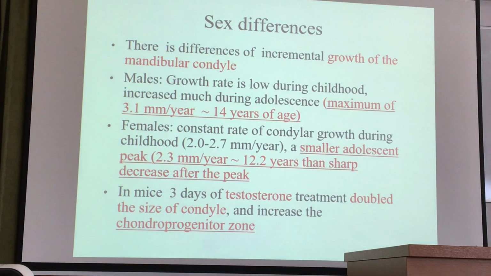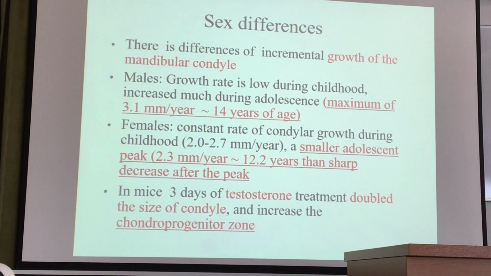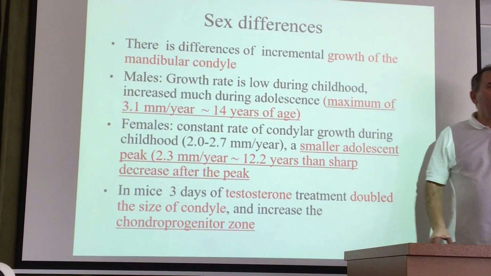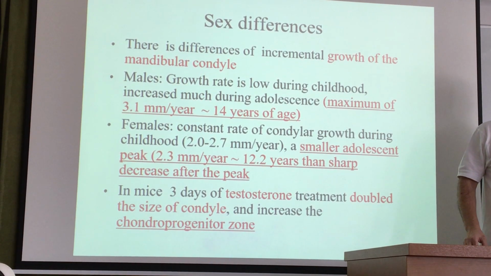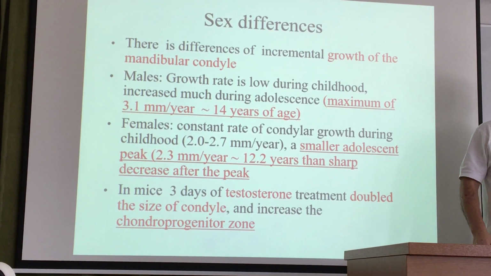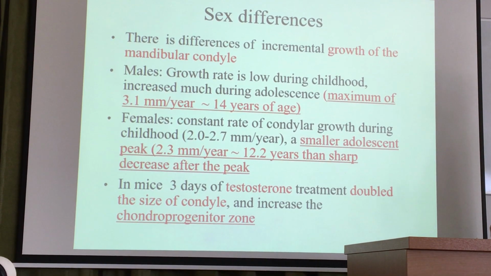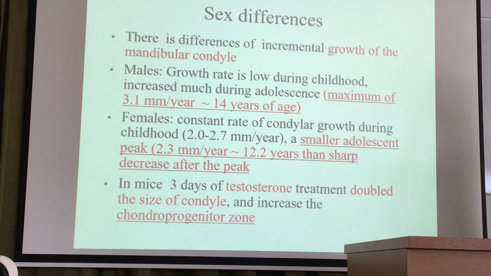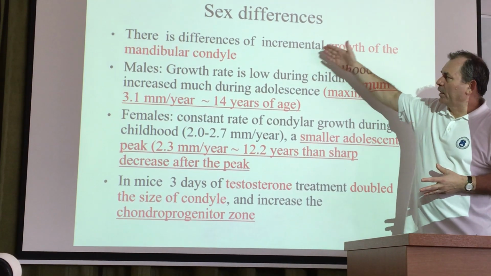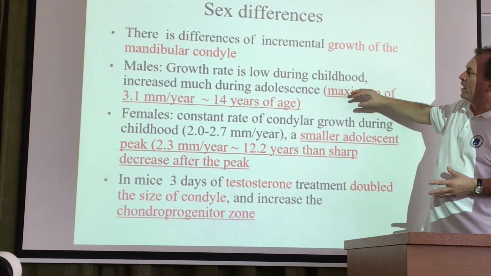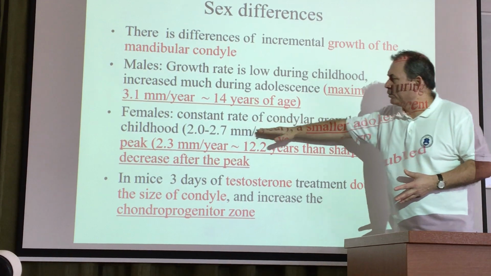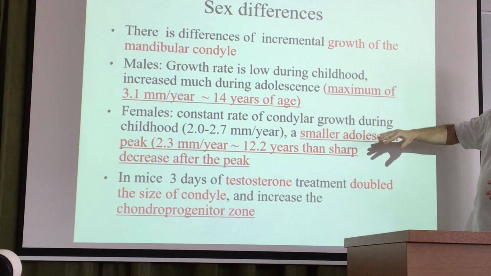And this is the final slide. It is important again because here you can see the explanations why you time the orthodontic treatment differently according to the sex of the person or patient. So in females, you can see a continuous, constant growing, okay?